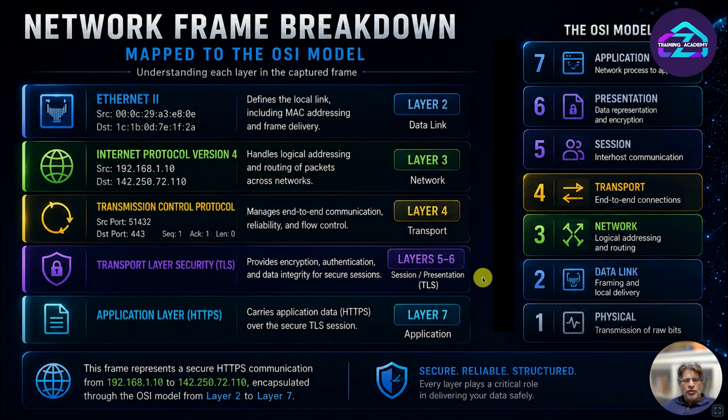So when you look at the network frame breakdown that we saw in the previous slide, you saw information about layer 2, which is the source MAC address and the destination MAC address. Then you will see layer 3 information, as we saw from the previous screenshot: source IP address and the destination IP address.